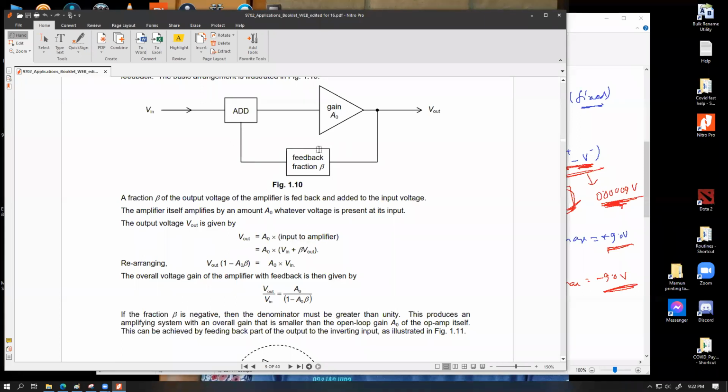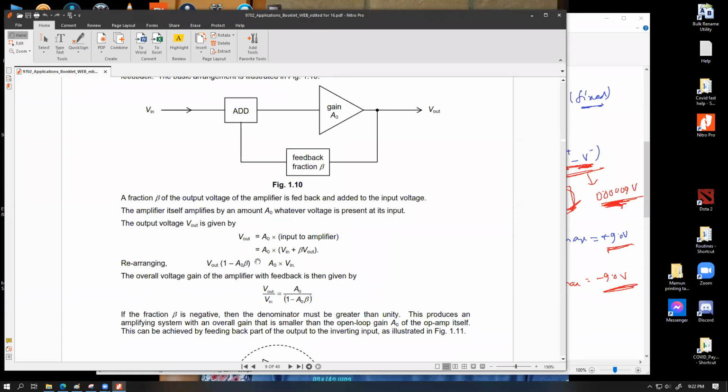Now, when we have connected the feedback fraction, that input will not be V in only, it will be V in plus beta fraction of V out. This might be 1%, 2%, 3%, 25%, depending upon whatever you want to set. You will set this value over here, and this will give you a new input right over here. So this is the new total input in the presence of a feedback mechanism.